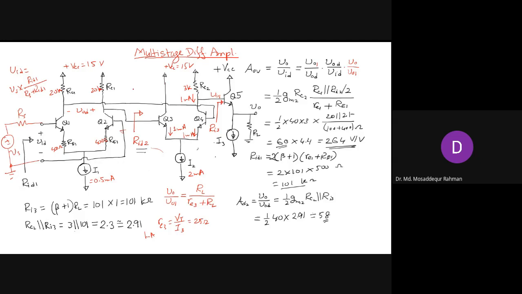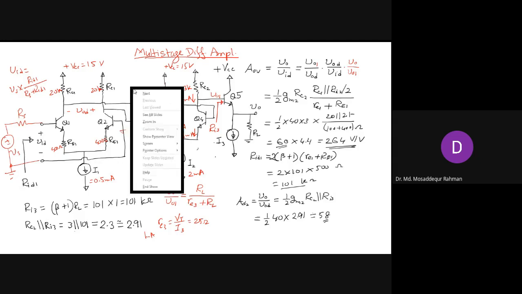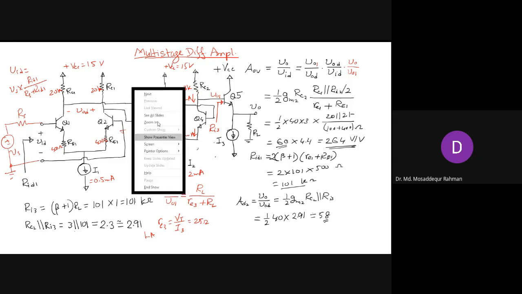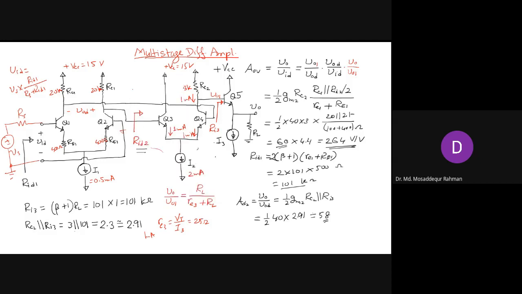Okay, so about a 3 volt drop will be here because this is 3K.